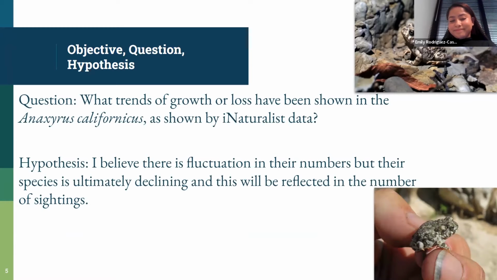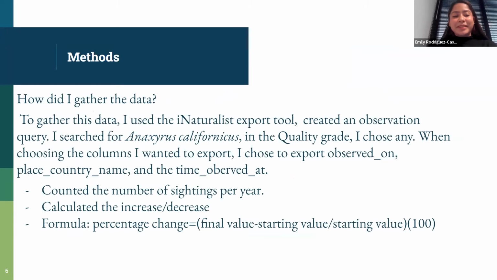All right, so my methods, I used their export tool, and I didn't want to use too much information because it wasn't really necessary. I just needed to know where this was found, when this was found, and how many observations were found in what year. Although you can find way more information than this if you choose to use this tool. So I counted the number of sightings per year to know how many sightings were occurring as the years went by.